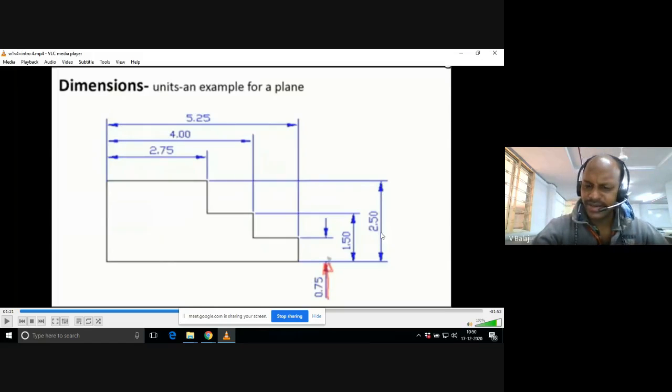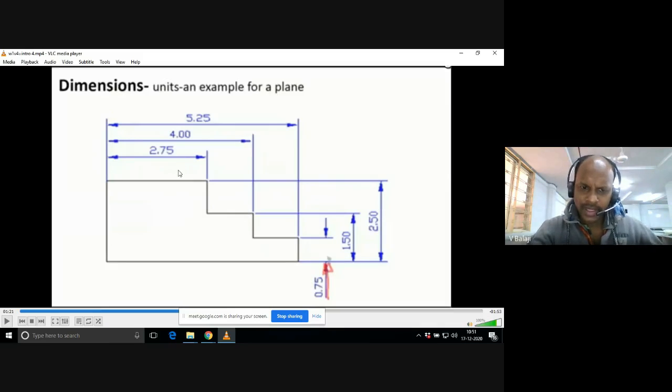These are the dimensions. Here you can observe from this edge of the drawing to the other end of the drawing, this is the maximum, 5.25. So that dimension line is very far from the object. But 2.75 is a smaller value, it is close to the object.